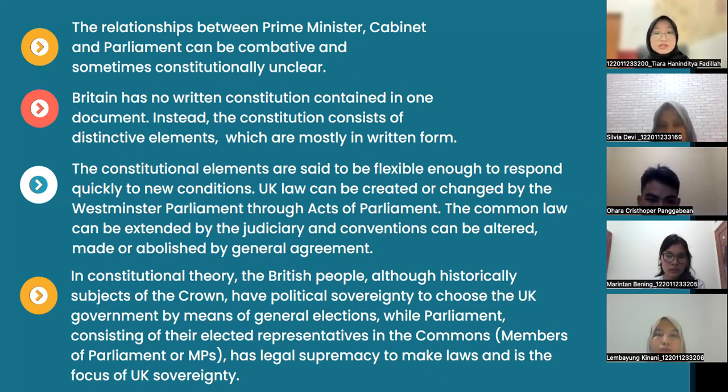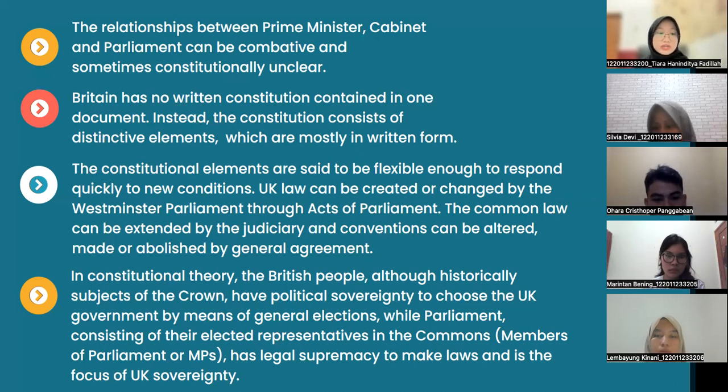UK law can be created or changed by the Westminster Parliament through Acts of Parliament. The common law can be extended by the judiciary, and conventions can be altered, made, or abolished by general agreement.